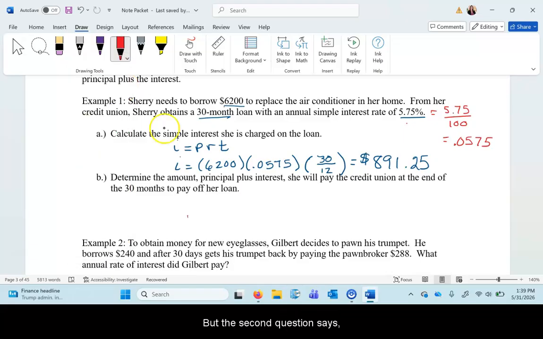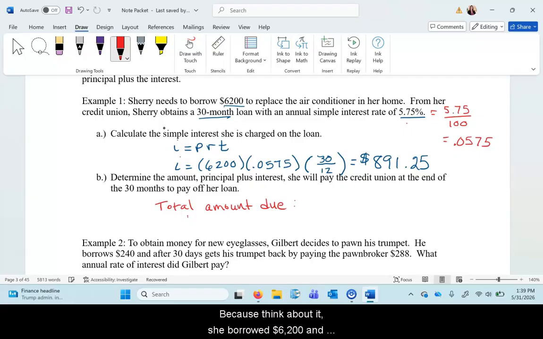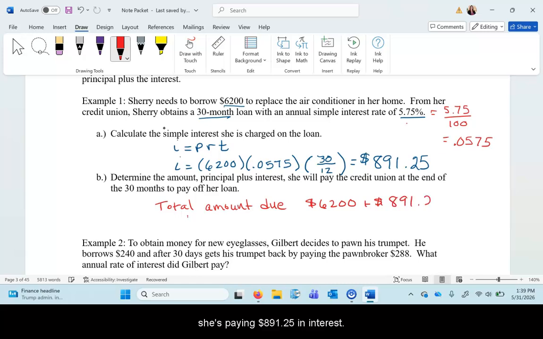But the second question says, then what is the amount, principal plus interest, she will pay at the end of the 30-month loan? What they're asking is, what is the total amount due? Because think about it, she borrowed $6,200 and she's paying $891.25 in interest.